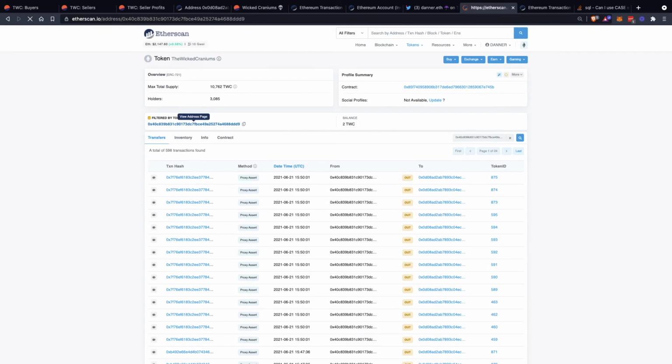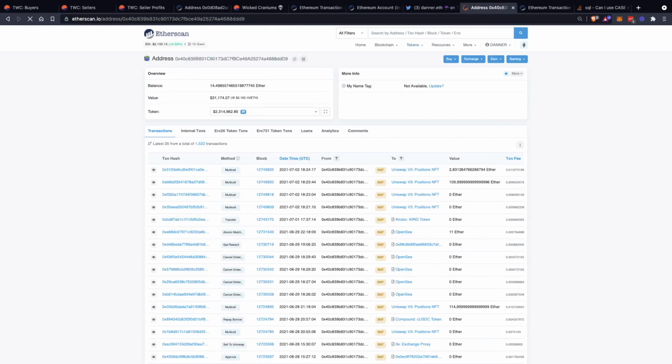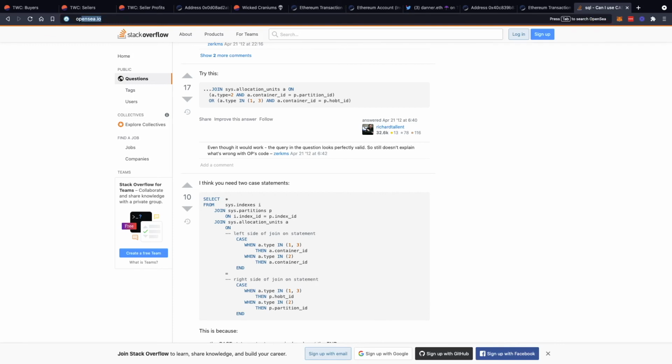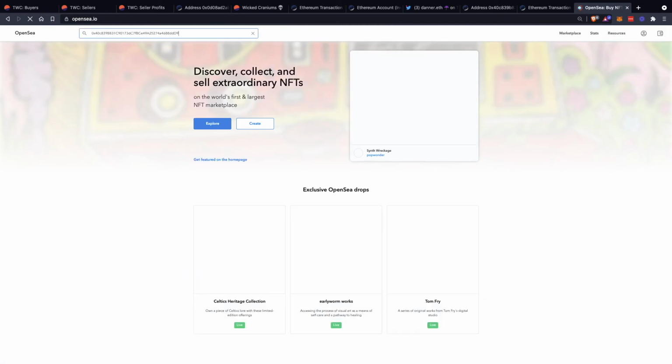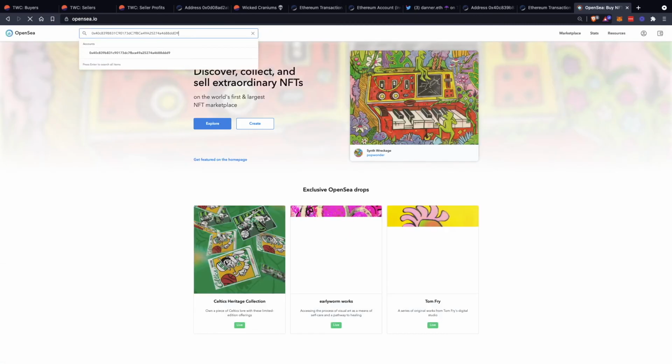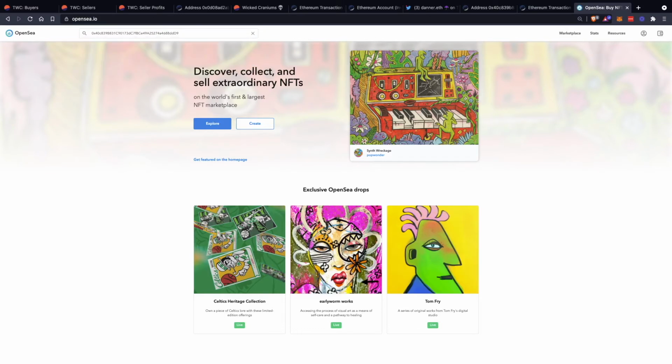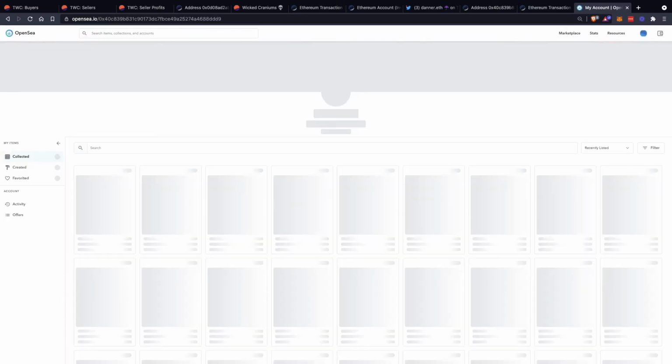Maybe I guess we just go look on OpenSea for this account. Still pretty happy to see that case statement in the join. That was pretty cool. I haven't used that before. We'll likely be using that more in the future now.